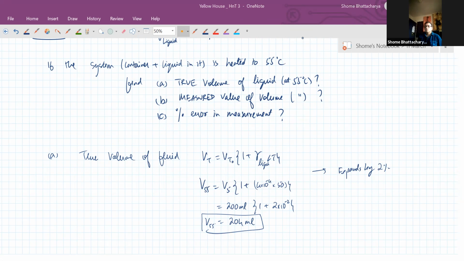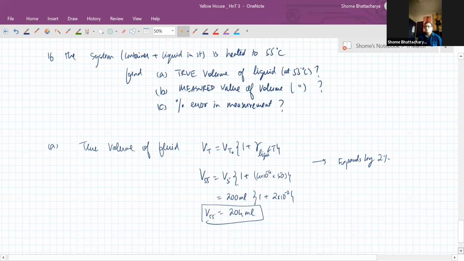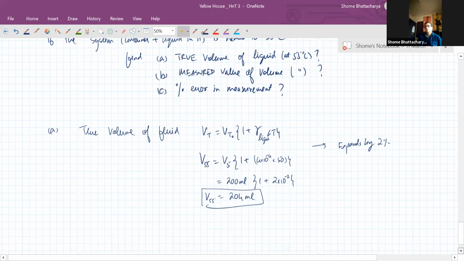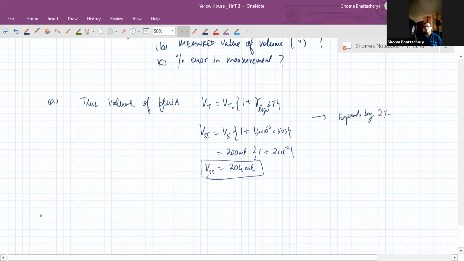Okay. Whereas the measured value of volume, how much will that become? So to understand that, now see what is happening.